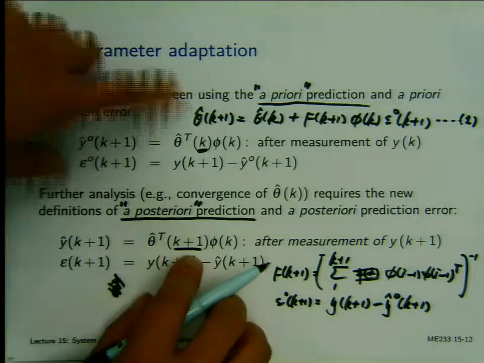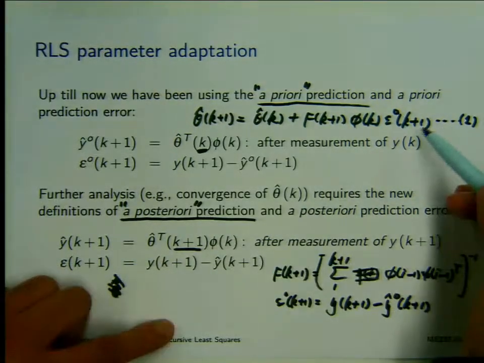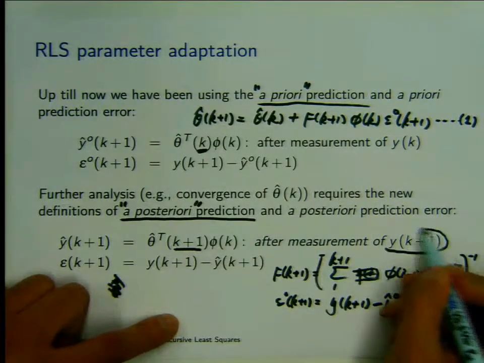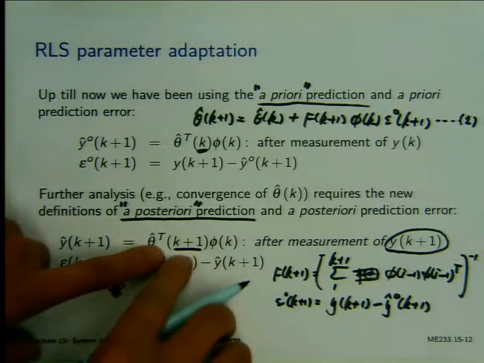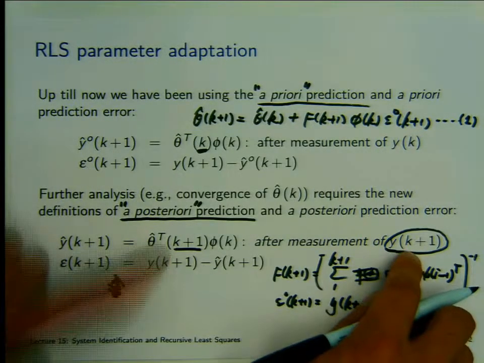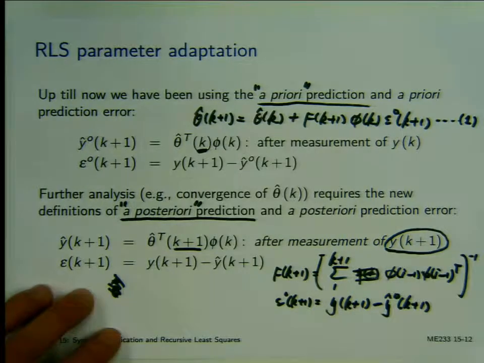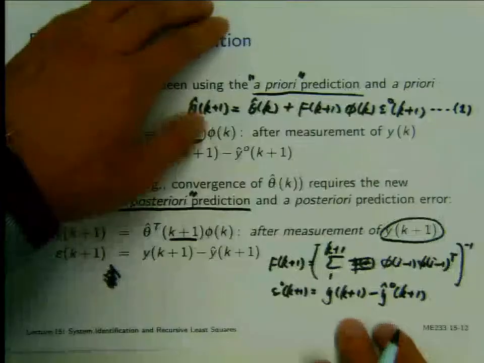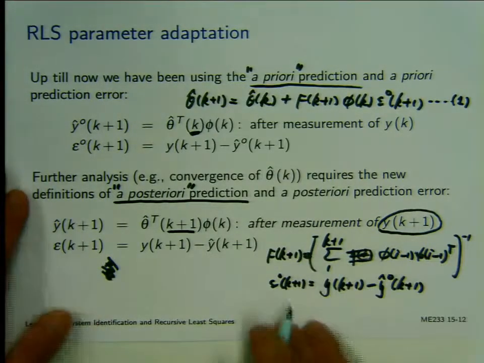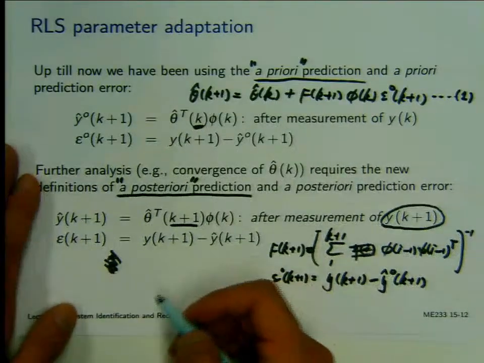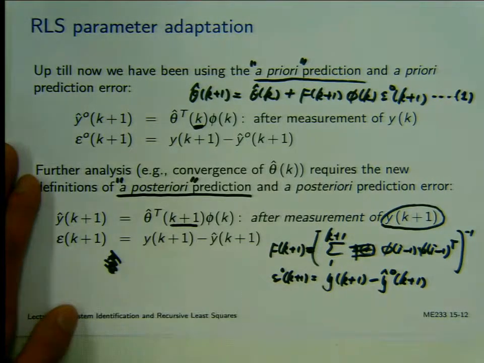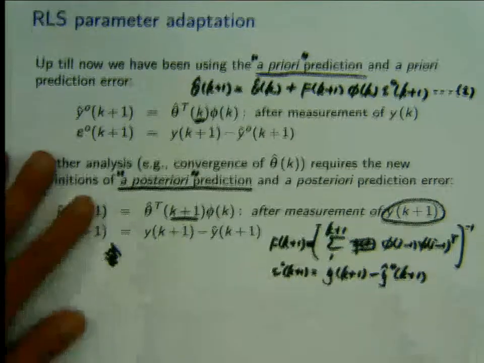If you need theta hat k plus 1, that means you need the information of yk plus 1, because if you are doing estimation based on all the information of k plus 1, you need this. Okay? Now comes the confusing part. It becomes bizarre. So this is the not feasible way.